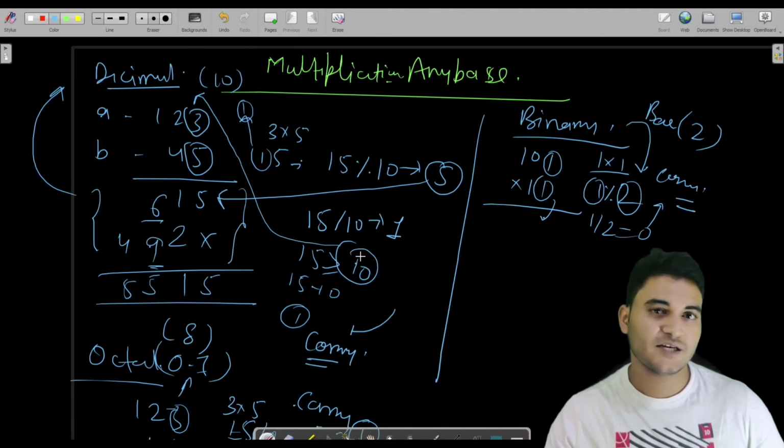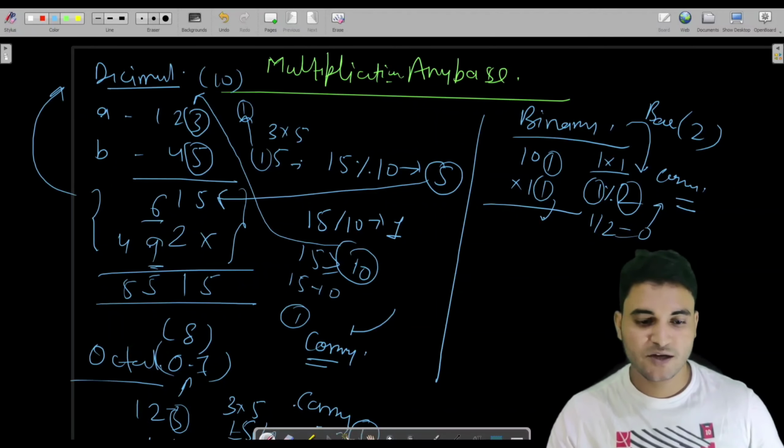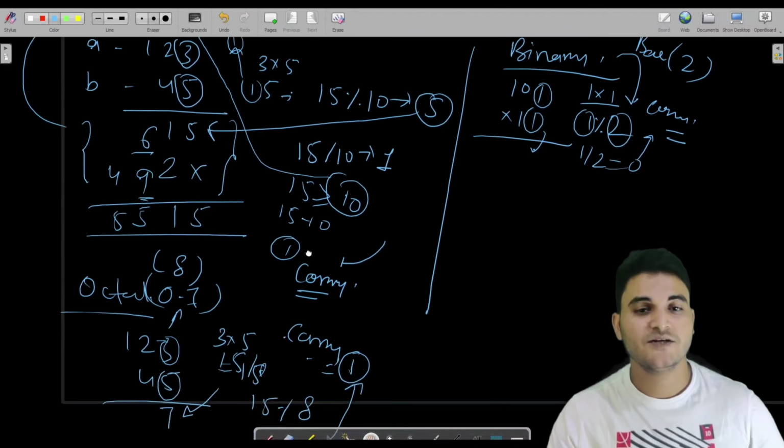In whichever base we are multiplying, we have to add the numbers in that number system only. Also we have to multiply those numbers in that base or number system only. The point to pick up from here is, let us say we don't know in which base we have to multiply.